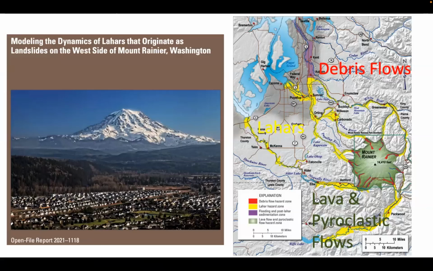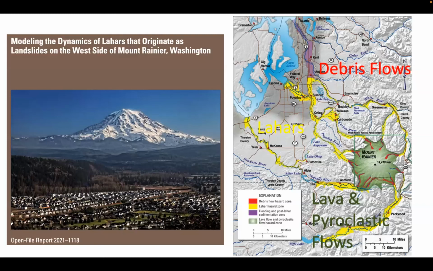This is a report that just came out last year of modeling of where these lahars, as well as other hazardous phenomena, may occur due to Mount Rainier's volcanism and the heavy rainfall. So these models have led to these maps.